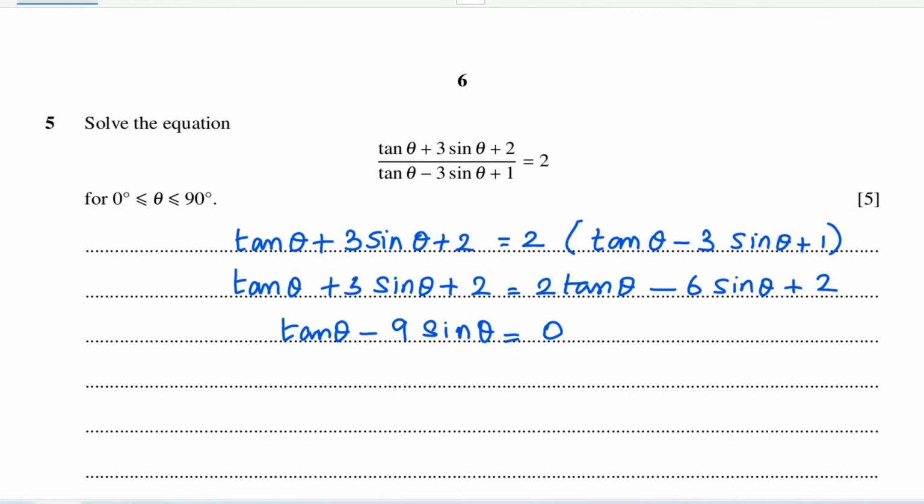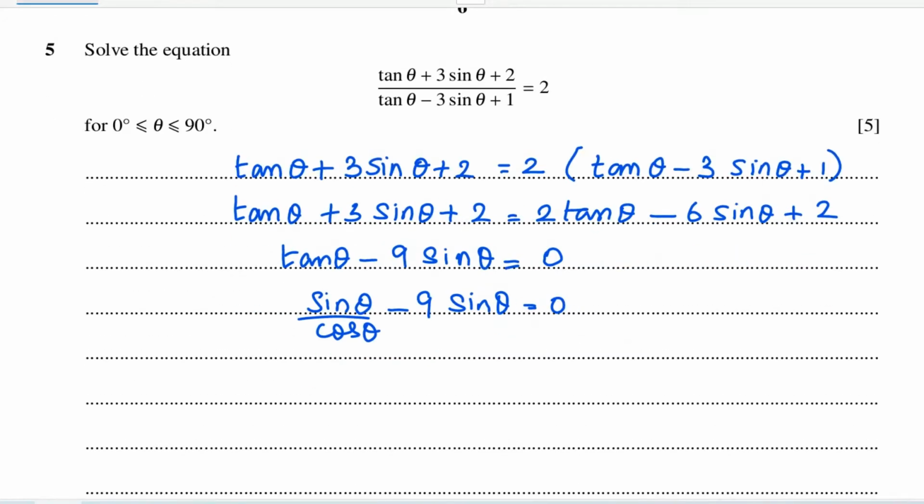So this can be written as sin theta divided by cos theta minus 9 sin theta equal to 0. Take out sin theta commonly, you will get sin theta multiplied by 1 over cos theta minus 9.